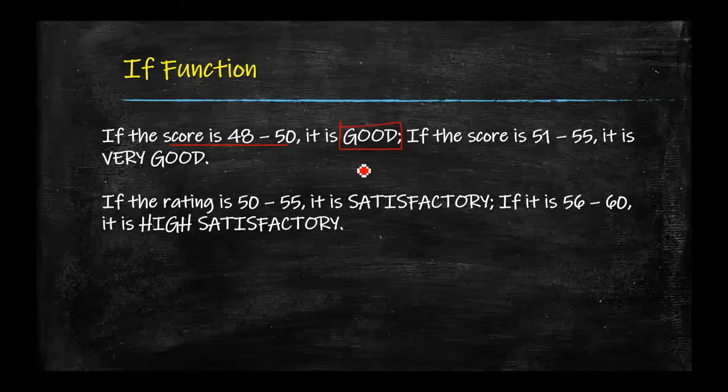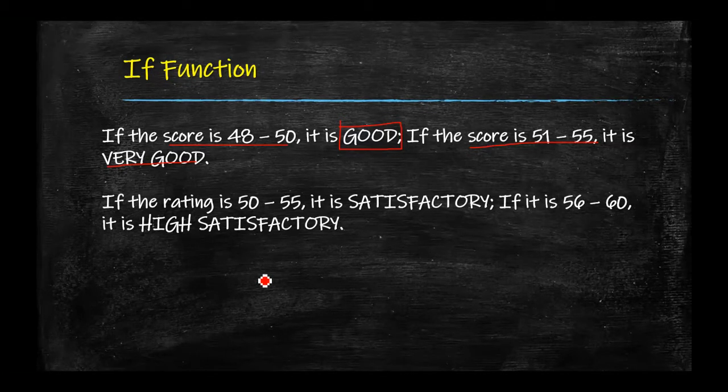The same with our second sentence, if the score is 51 to 55, that is the condition. Your score must be 51 to 55 so that you are very good.